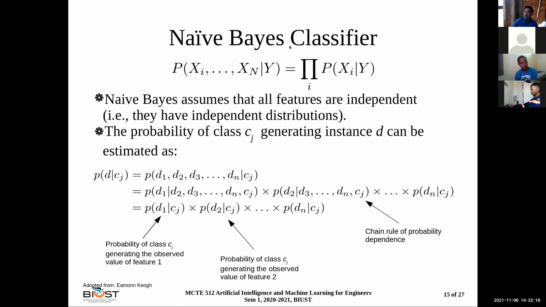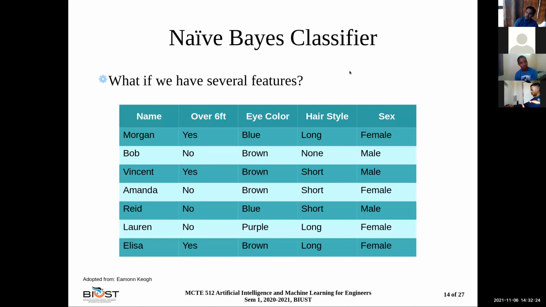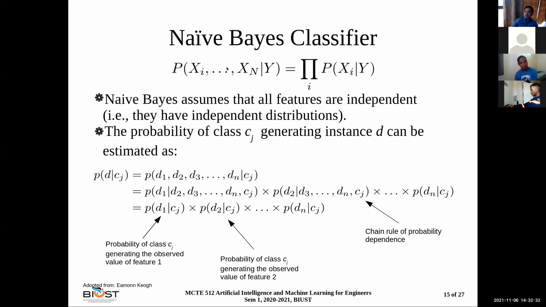For example, here there are features xi. In this case, the features are 6 feet, hairstyle, and sex. Now we have several features. Given a particular y, or a particular known information, say this is Amanda, and she has all these features: feature 1 given Amanda, feature 2 given Amanda. You know this symbol?